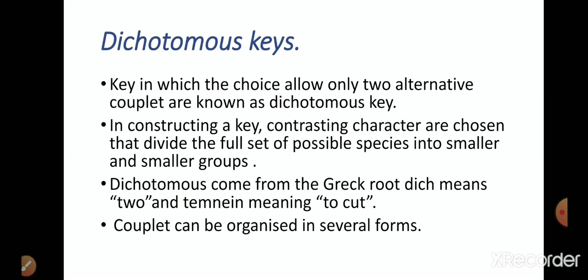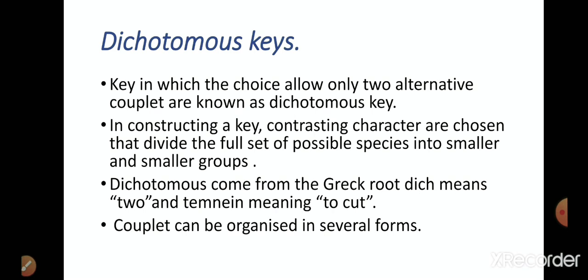In the last lecture I told you what is meant by couplet. A couplet is a pair of two statements. A dichotomous key has a series of these alternative couplets for the choice of the statement, so that we can easily find the actual place of the unknown organism.